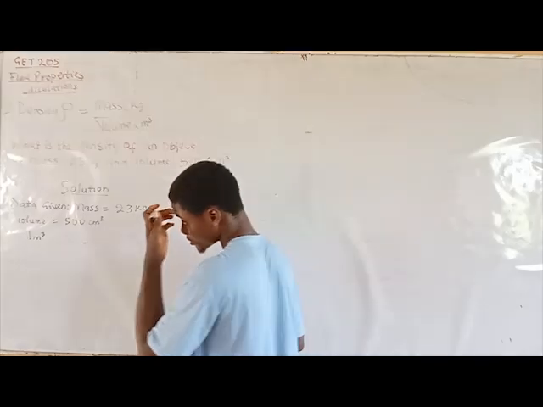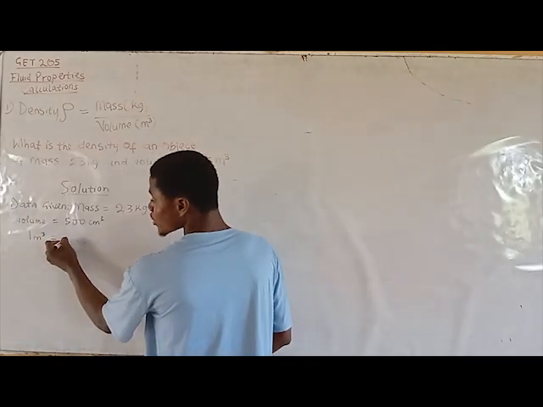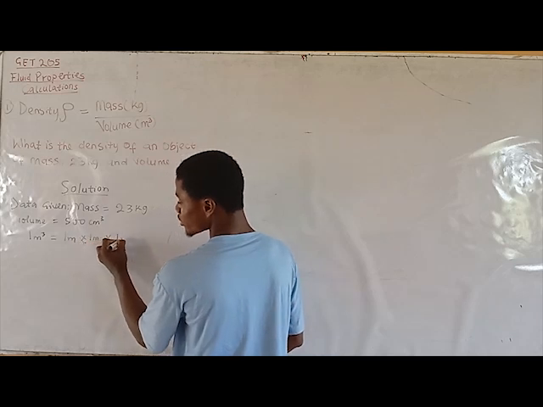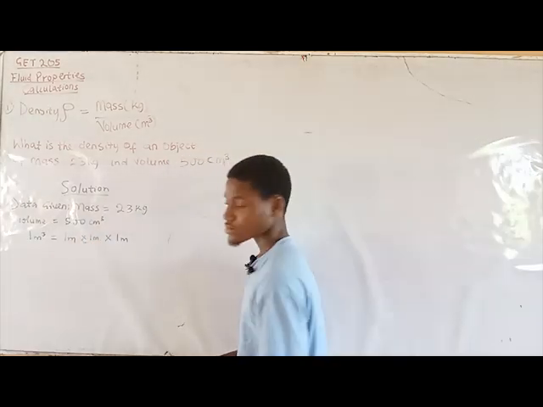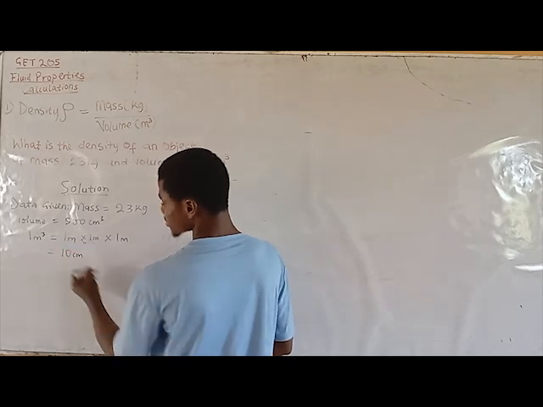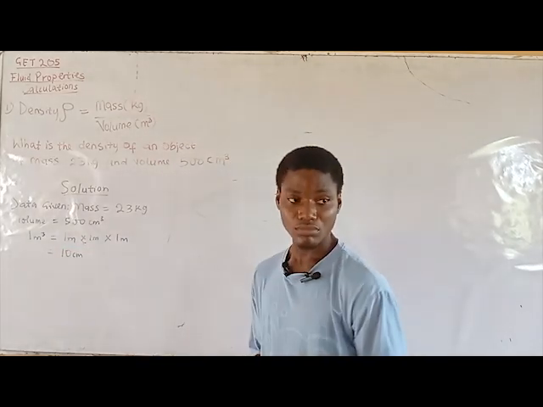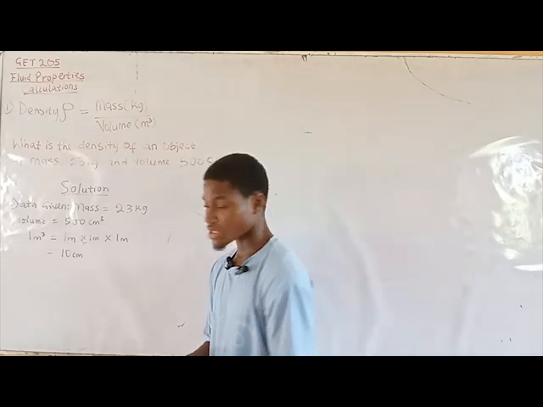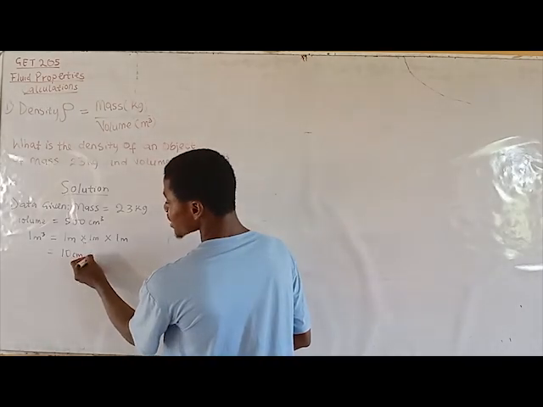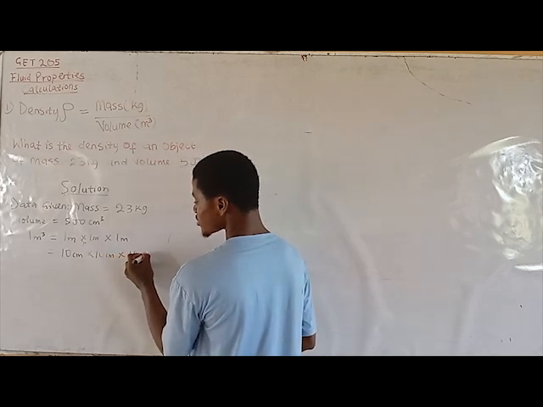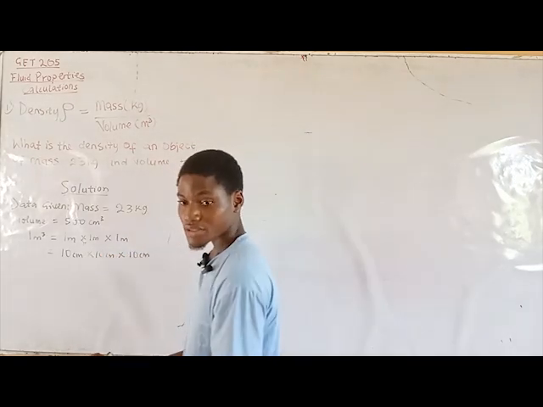Please, pay attention. 1 meter cube equals to 1 meter times 1 meter times 1 meter, right? We know that 1 meter equals to 100 centimeters from our metric table. So this is 100 centimeter times 100 centimeter times 100 centimeter, right?